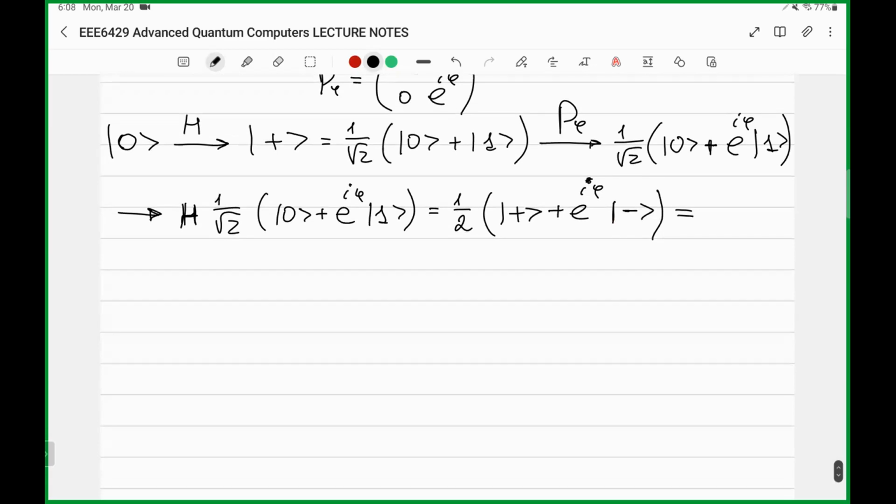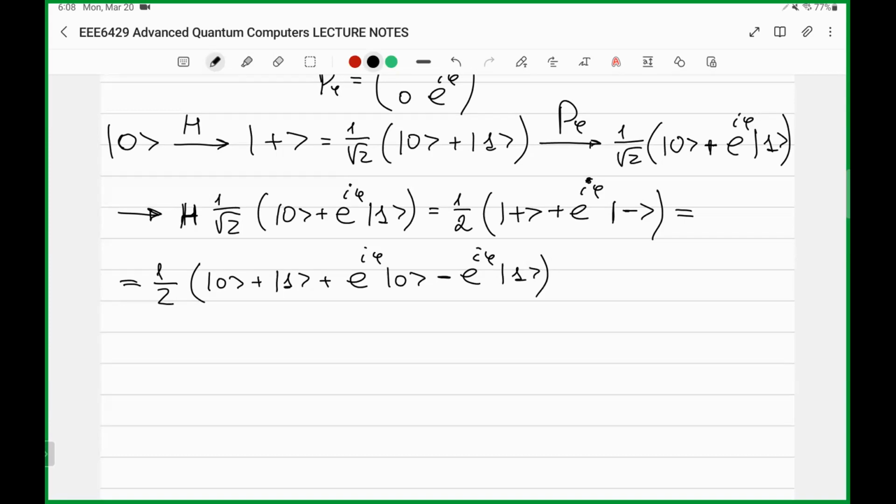So let's rewrite this in the 0-1 basis. So it will be 1 over 2. The state plus is state 0 plus state 1, then plus e to the power of i phi state 0, and then minus e to the power of i phi state 1.